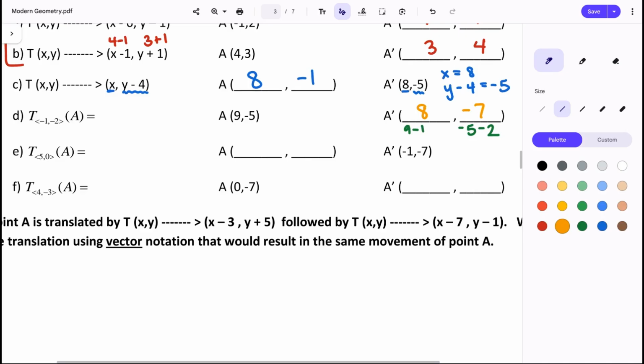Negative what? 4, negative 10? Yeah, sorry, I skipped the middle one because the last one is very much like letter D. So we took 0 plus 4 and then negative 7 minus 3, and you got 4, negative 10.